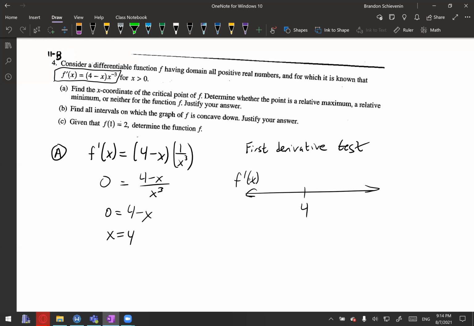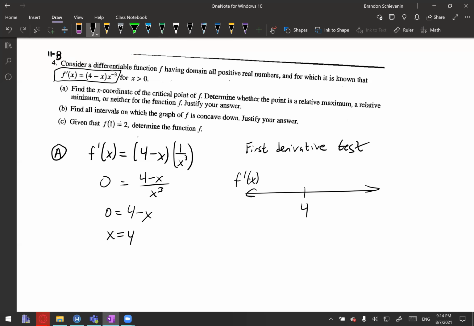Okay, Maxim, back to you. Pick any number you want between 0 and 4, and then plug that into our equation to see whether our slope is positive or negative at that point. Could we do 0?